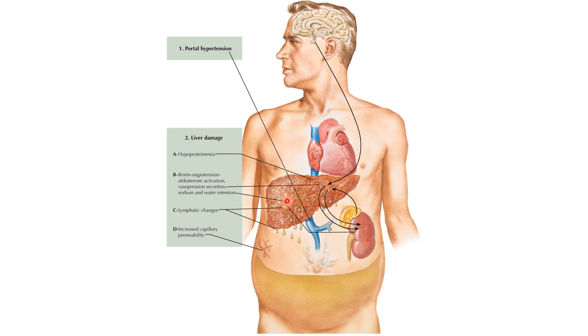So that will cause increased capillary permeability systemically. So aside from accumulation of fluid here in the peritoneal cavity, mag-accumulate din ng fluid sa dependent portions of the body, kasi systemic man ang increase in capillary permeability.